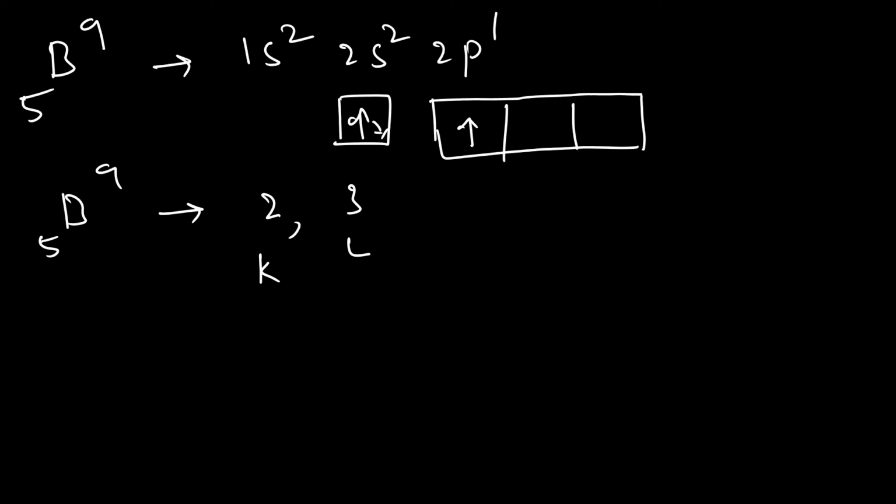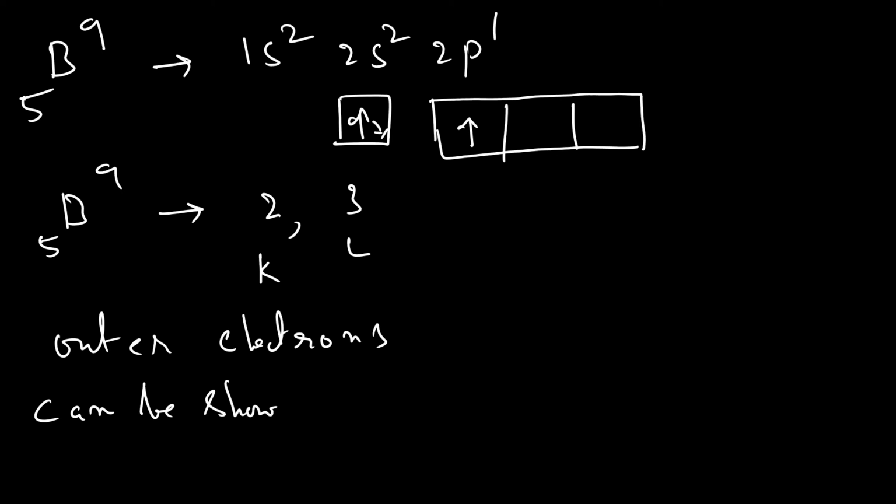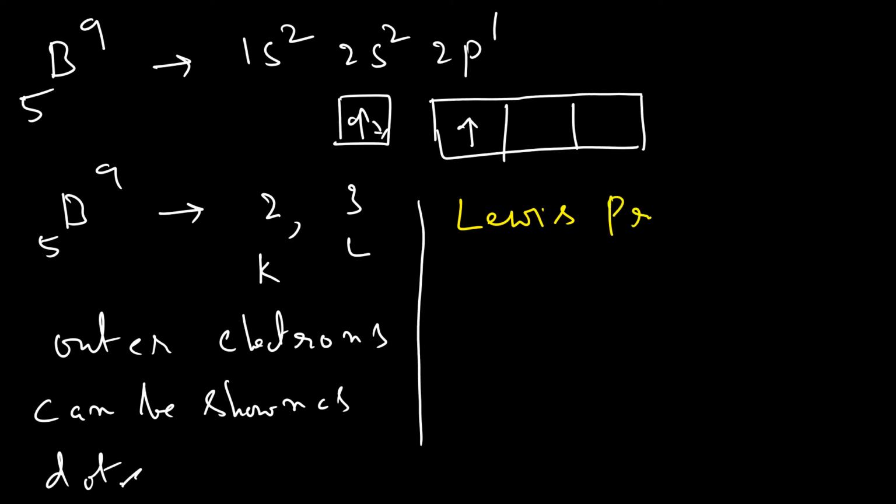The outermost electrons can be shown as dots. Outer electrons means valence electrons. A scientist, Lewis, proposed this dot picture.